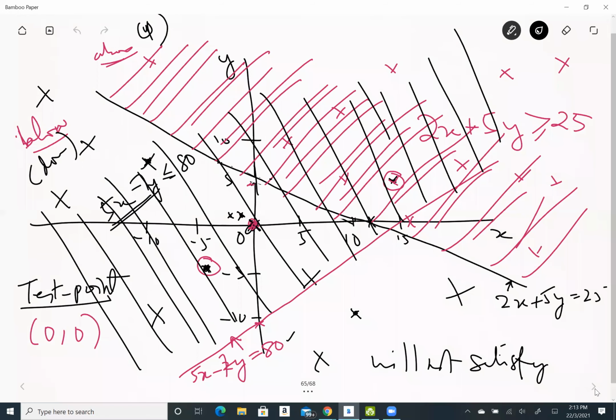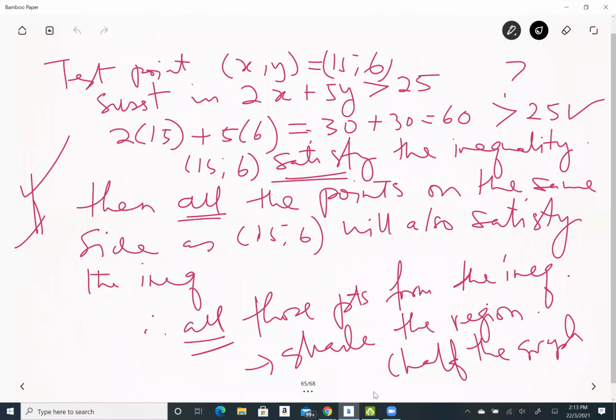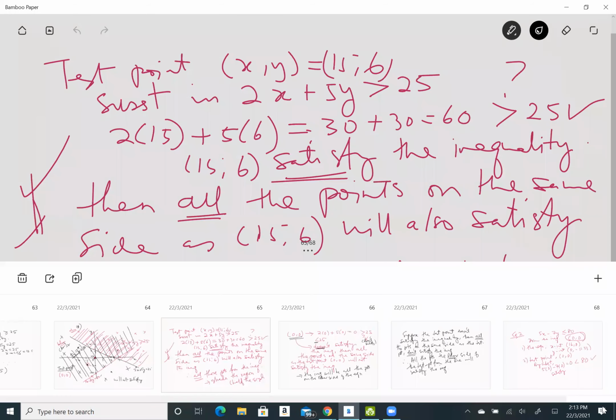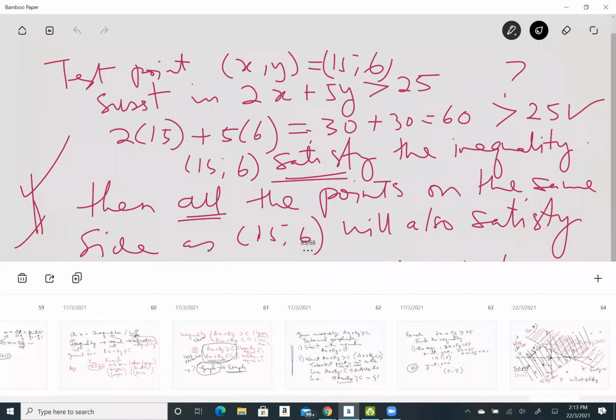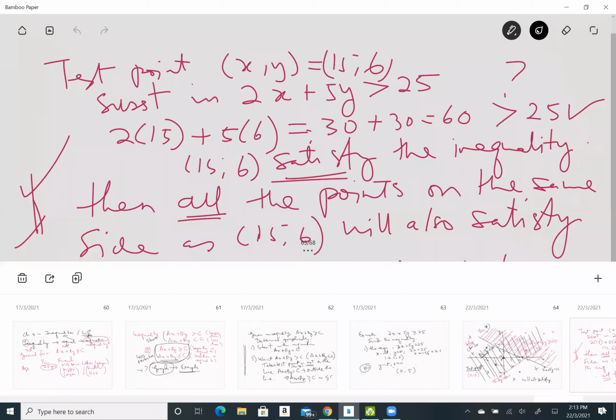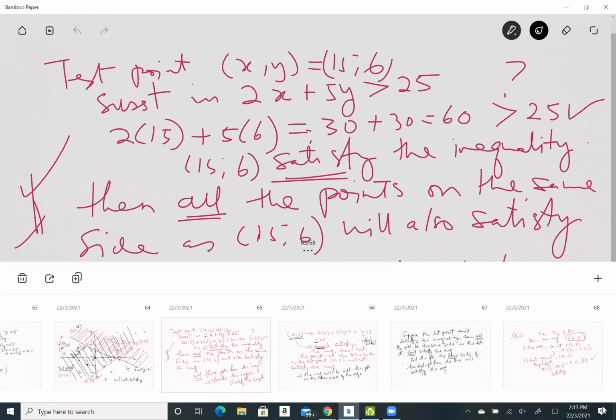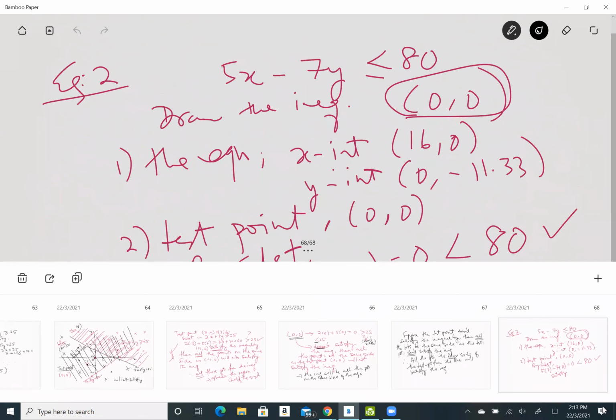Now the second case, we might have strict inequality. When we say strict inequality, that means you have only the bigger or less than sign. We don't have the equal sign. So that means it will not include the points on the line.